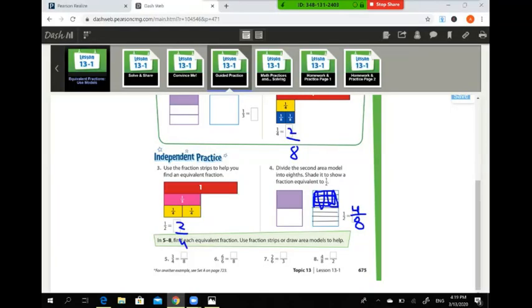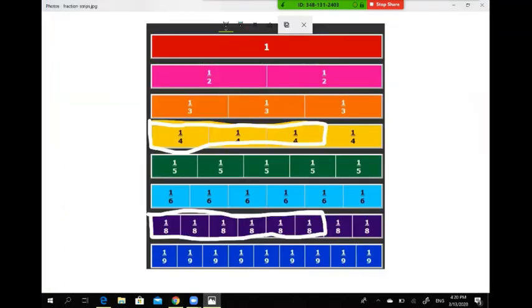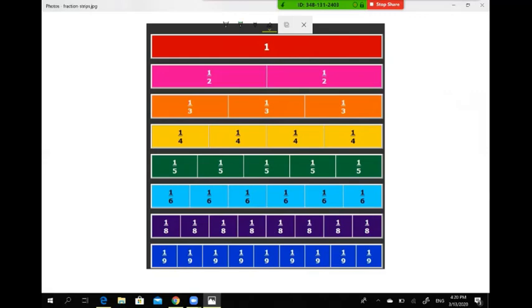So we should write here 6. Okay, 6 over 6 is equivalent to what out of 8? 6 over 6 means all of it.